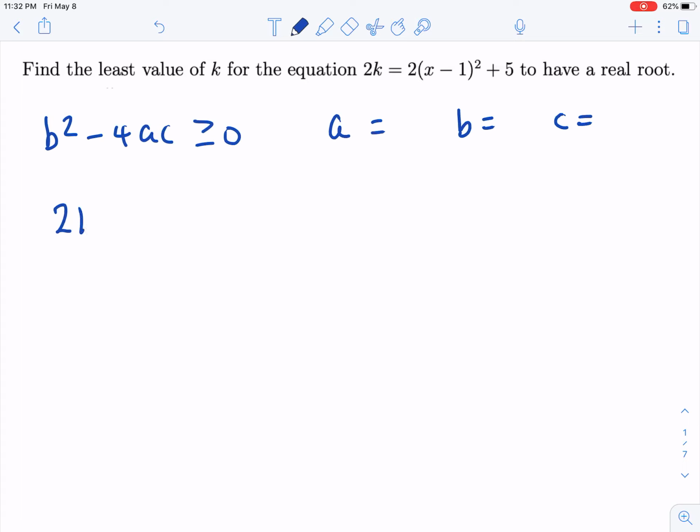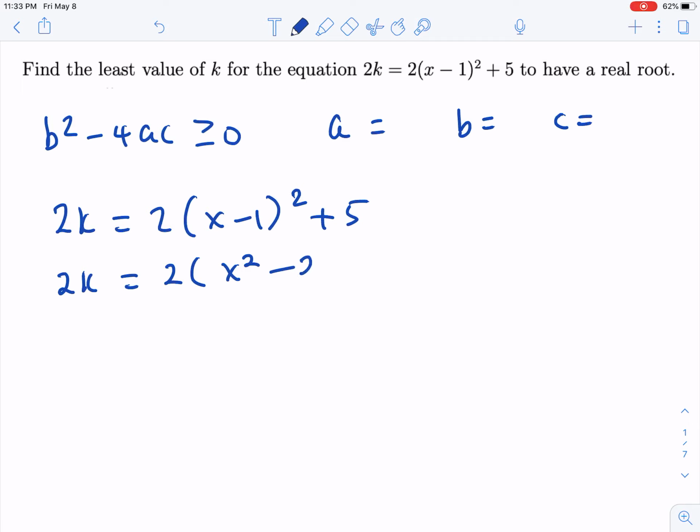So 2k equals 2 times quantity x minus 1 squared plus 5. So magiging 2k equals 2. Pag in-squared natin to magiging x squared minus 2x plus 1. And then plus 5.